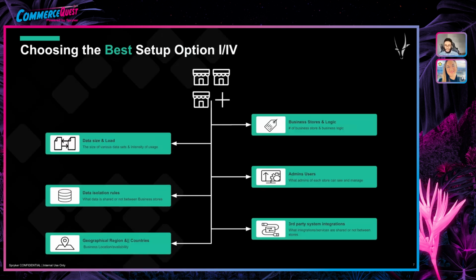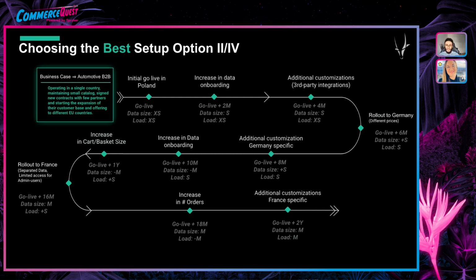So you have initially the go-live details, but then you need to gather more details on 1 year after the go-live, 2 years after the go-live, 3 years, etc. And this is something that can impact the initial target architecture, the initial choice of the multi-store setup. And it would have, I would say, either a positive or a negative impact after the go-live, based on the requirements that you gathered beforehand.